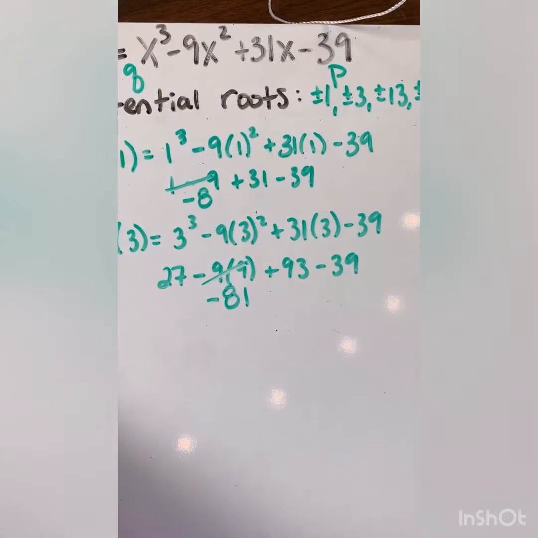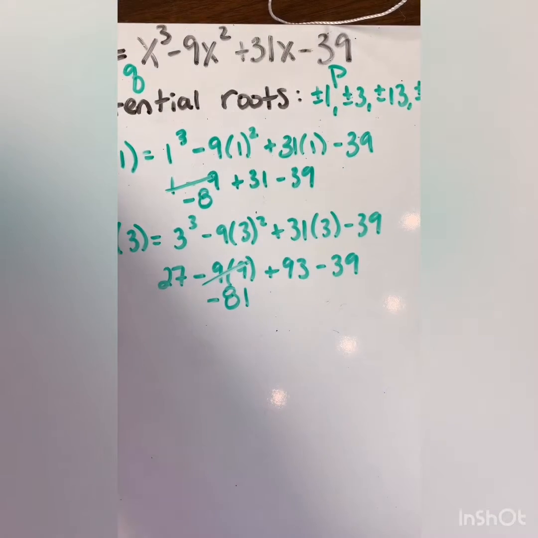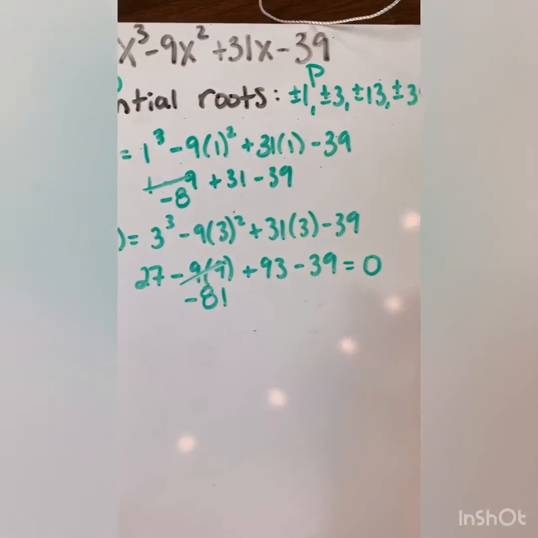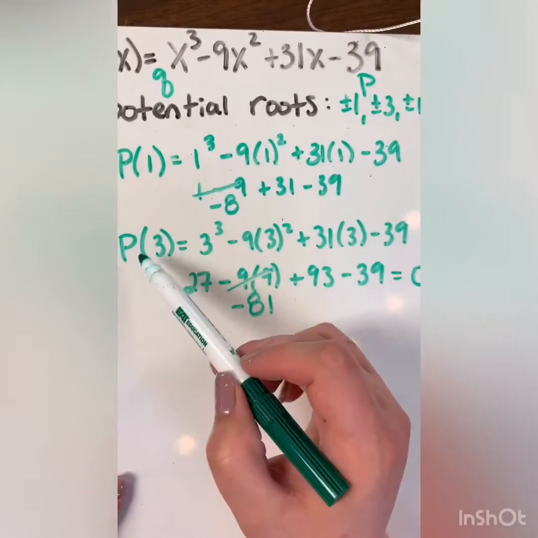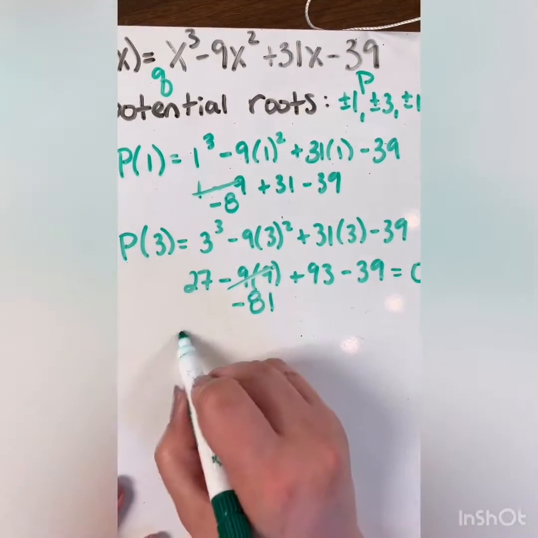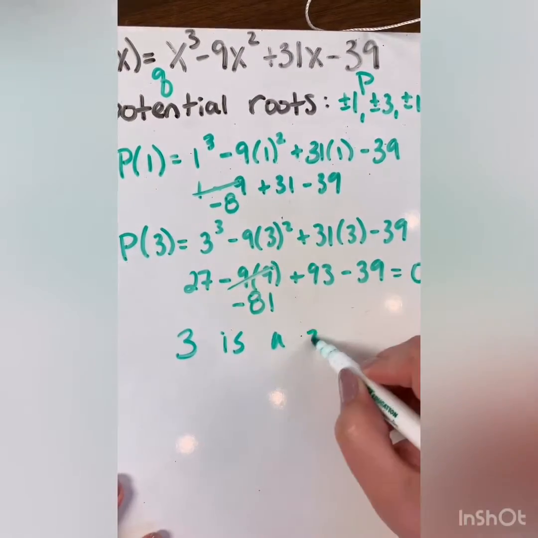Let's see. I'm just going to grab a calculator to save us some time. Yep, this does come out to be 0. So as you can see, I'm able now to conclude that 3 is a 0.